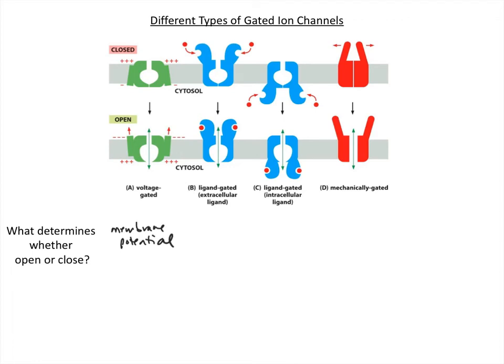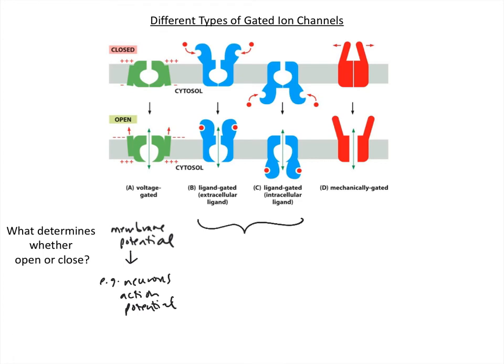You can see that in this first case, the ion channel is closed when the membrane potential is negative, and it's open when the membrane potential is positive. We will hear more about this in a future topic, but an example of when this is used is in neurons as an action potential moves across the axon.